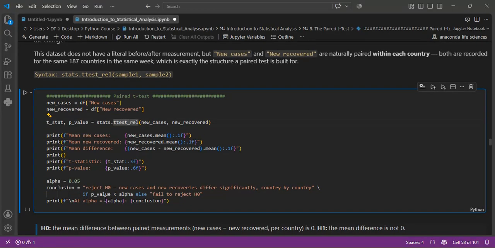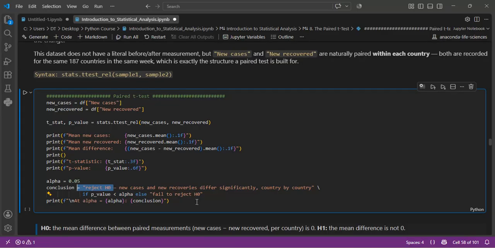So that is that. So here we just look out for the condition. If the p-value that will be obtained as this function calculates our t-test and then the p-value is less than alpha, then we will reject the null hypothesis. If not, we will fail to reject the null hypothesis. And in this case, the null hypothesis states that the new cases, or the after, and the before data differ significantly.